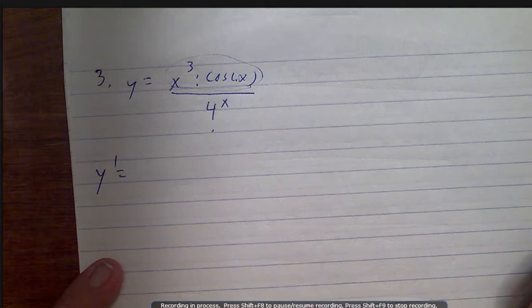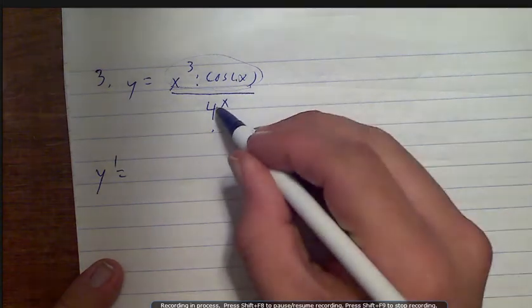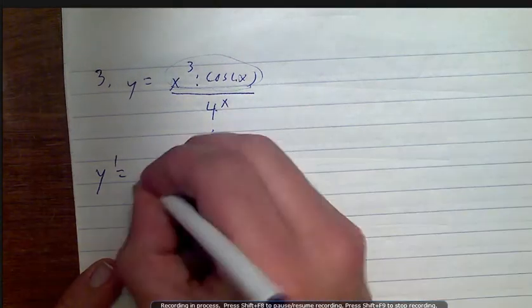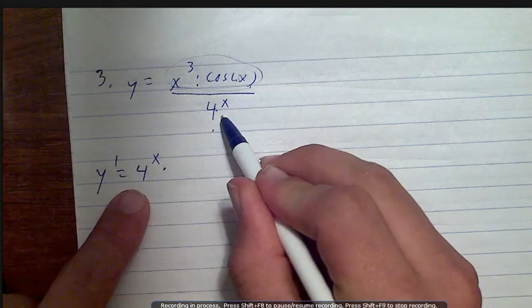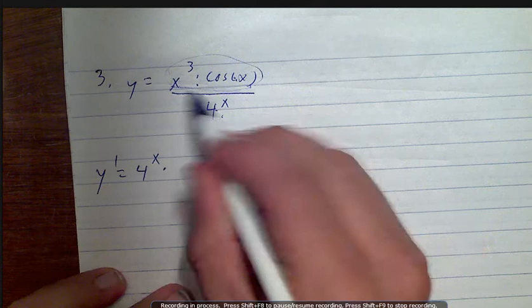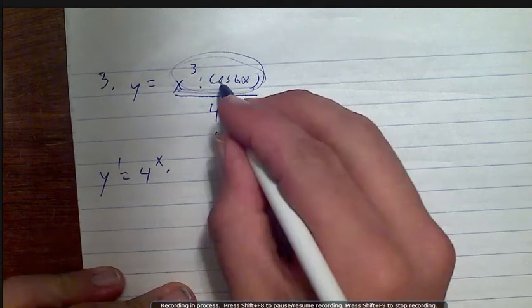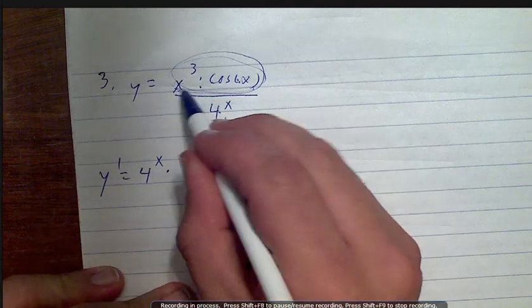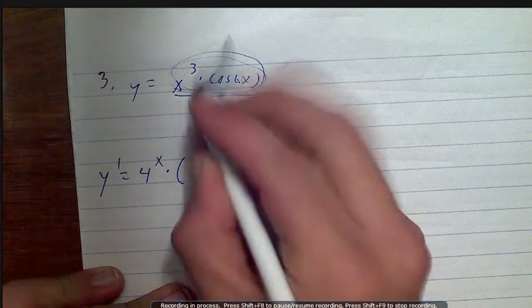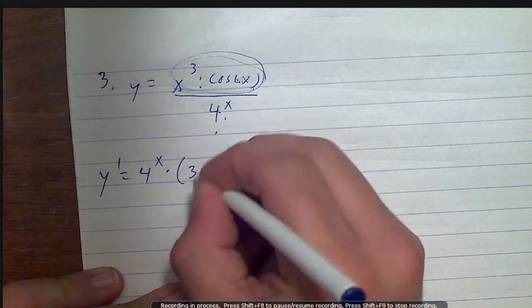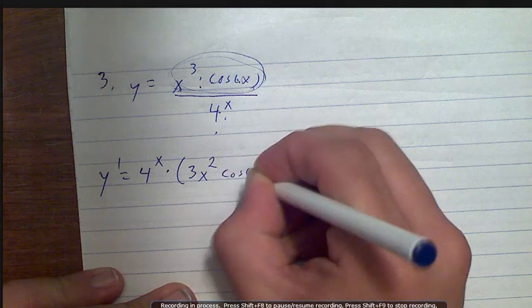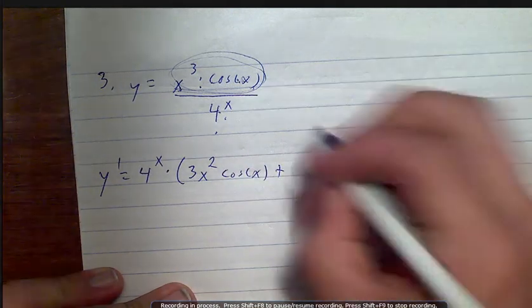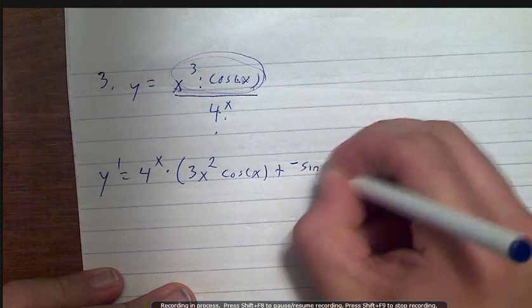So low d high, low at the bottom times the derivative of the top. So the derivative of this mess is going to be its product rule. So product rule: derivative of x cubed, keep the rest, plus derivative of cosine, negative sine, leave the rest.